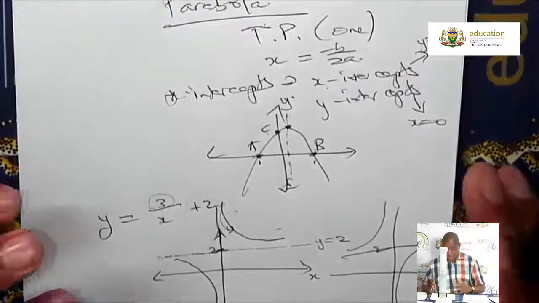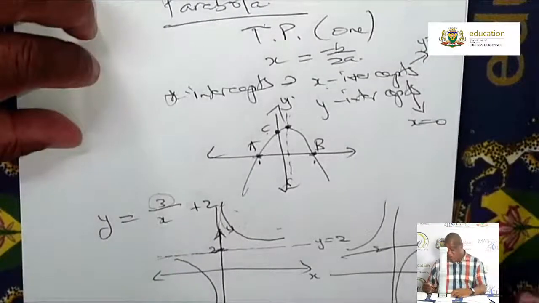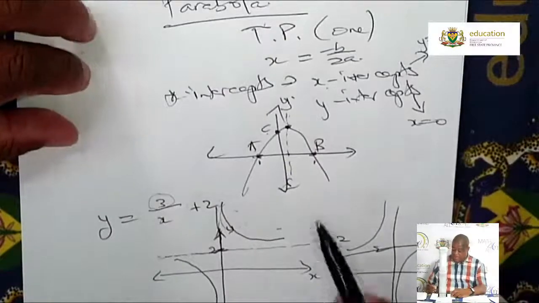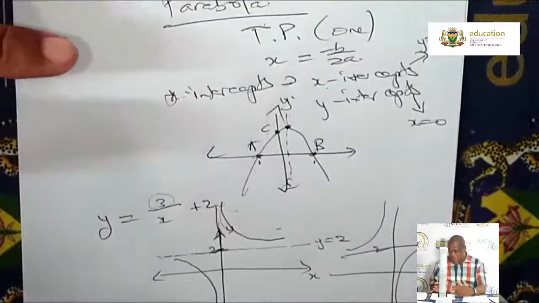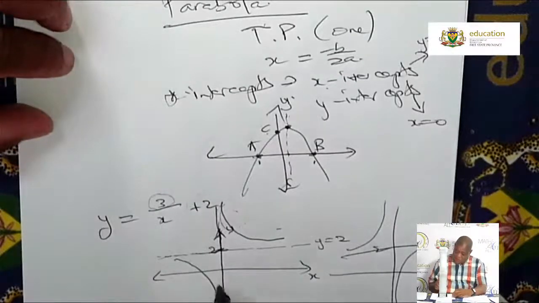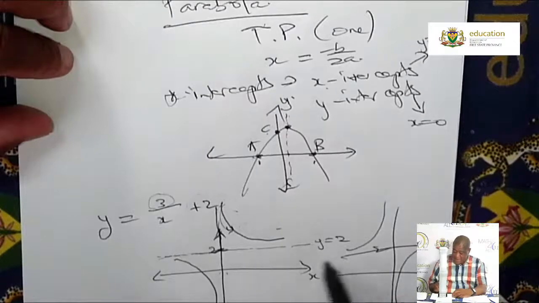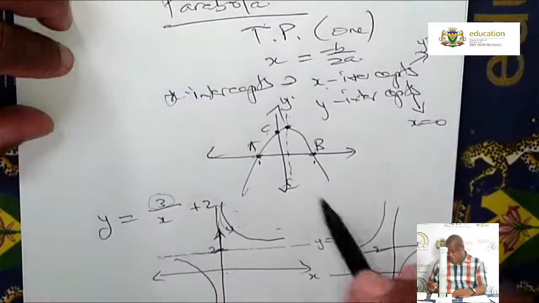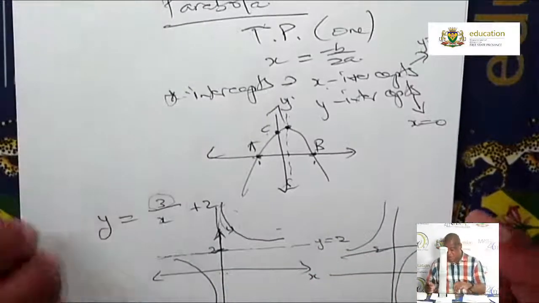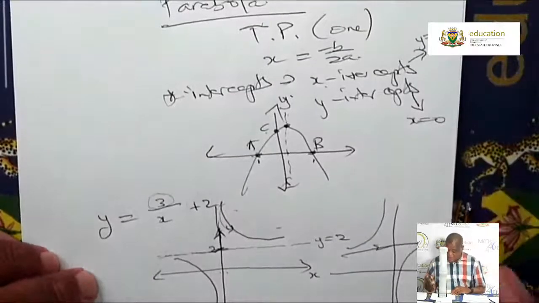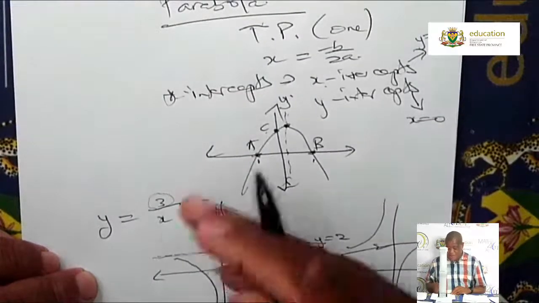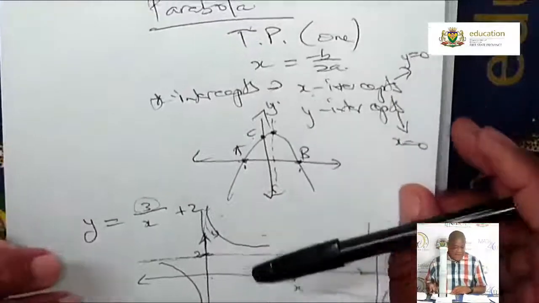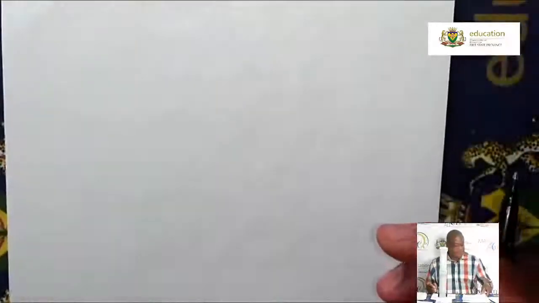So we need to be careful when drawing our hyperbola, in terms of the quadrants formed by the asymptotes of the graph. The first thing we draw is the asymptote, followed by the arms.